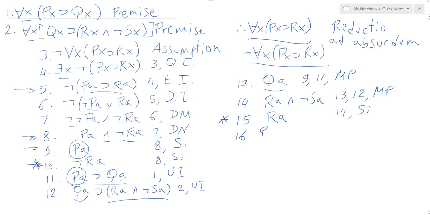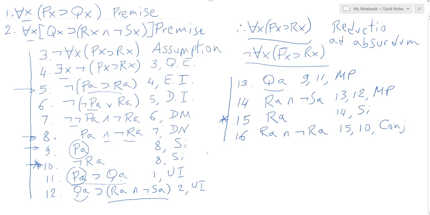So RA and not RA by lines 15 and 10 conjunction. Okay, so now this subderivation, this proof in the proof, if you will, is complete. We showed that the assumption on line 3 is absurd. It leads to a contradiction.